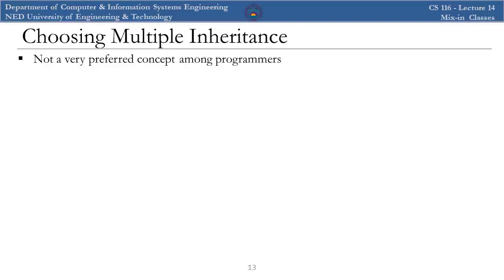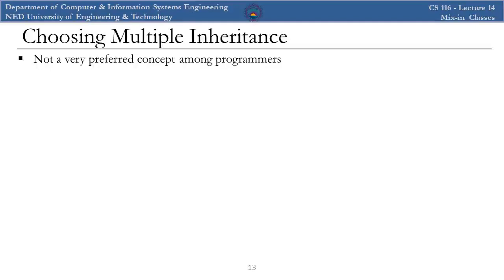Those were some simpler examples. You can always think of much more complex hierarchies using multiple inheritance, and that can result in an inconsistent search order. Due to these problems, programmers in many languages do not prefer multiple inheritance.